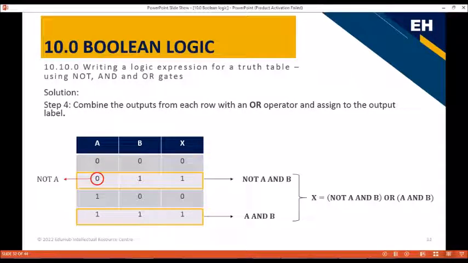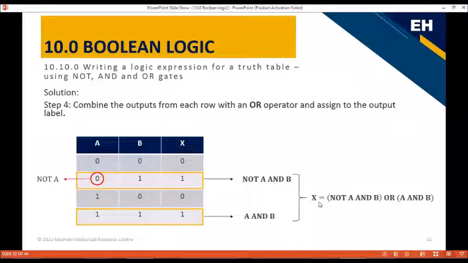The fourth step is to combine the outputs from each row with an OR operator and assign to the output. So in that case, we have two different expressions from each row, and we have to combine these expressions using the OR gate.